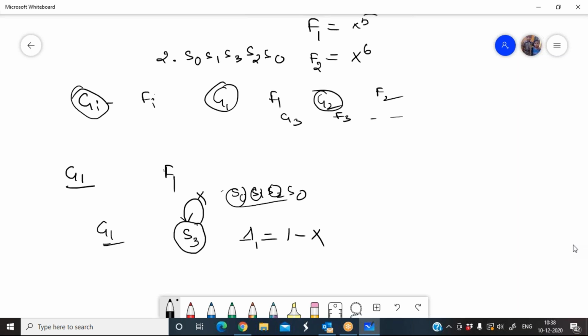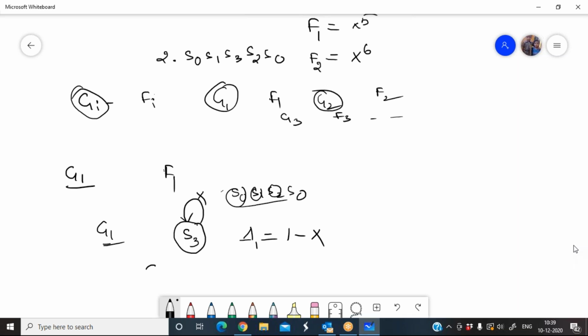For this graph G1 you have to find the loops again: how many loops are present, and how many pairs, triples and fours of non-touching loops. Here only one loop is present, that is C1 with gain equal to X.